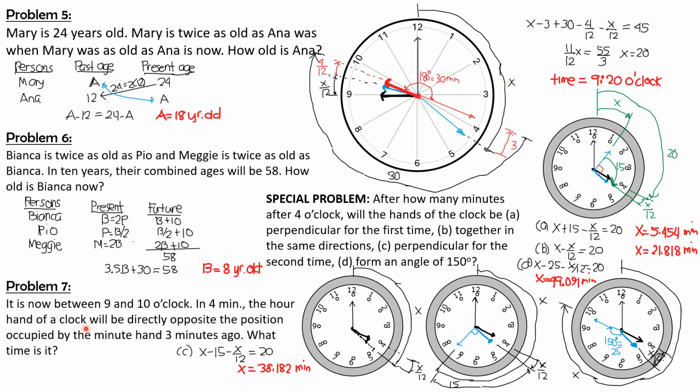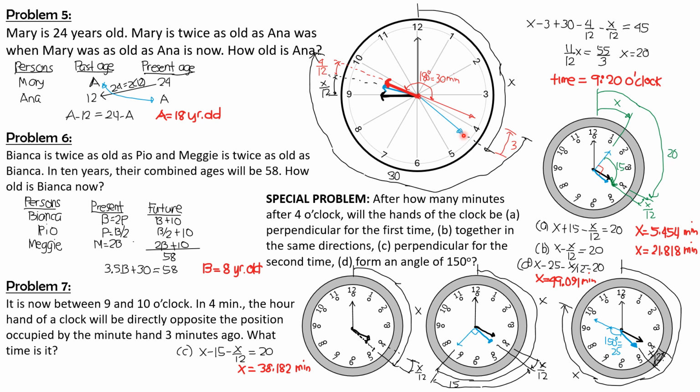Then it is mentioned here in 4 minutes, so this is now the position, the red one, of the hour hand in 4 minutes from this position here after 9 o'clock. This would be 4/12, because this is the hour hand, 1/12 of 4 minutes.